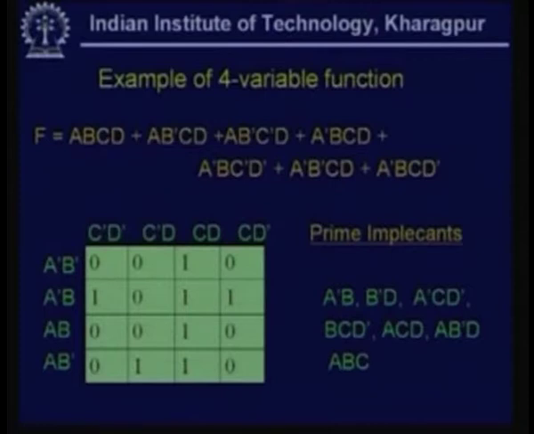So, this is the couple, and for this couple it is BC dash. Then ACD, ACD means which one? A must be the third row and fourth row, and CD is the column, so another couple is there, ACD.